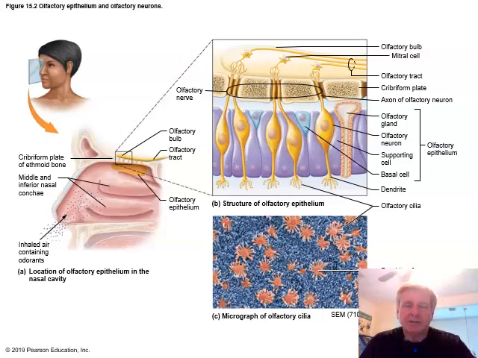So as you can see, your olfactory bulb at the very top of the image will contain axons of olfactory nerves.